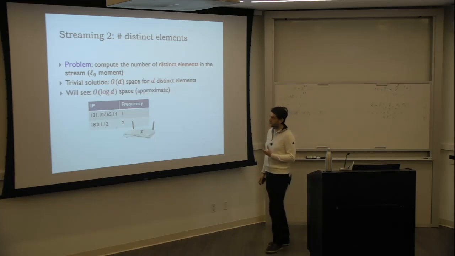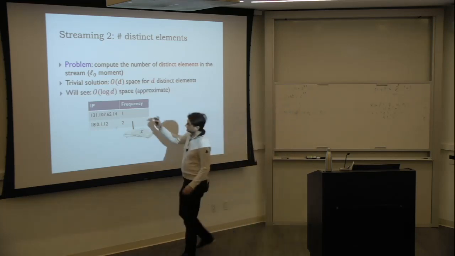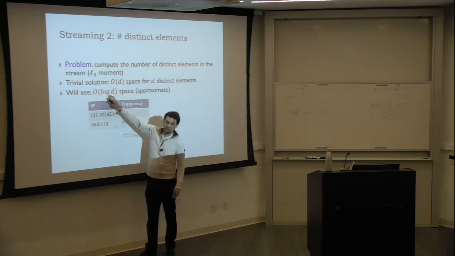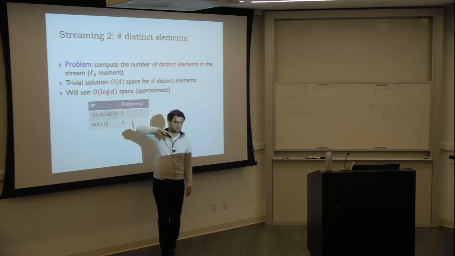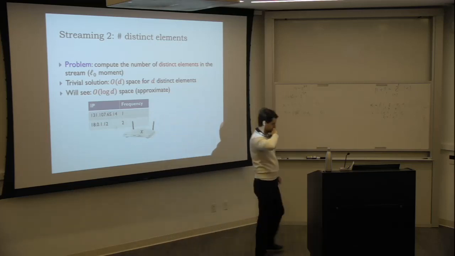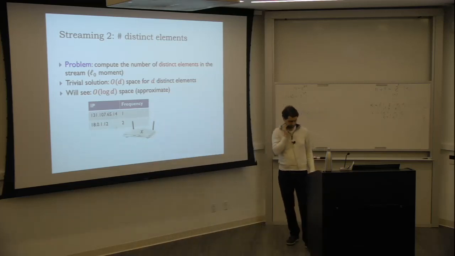But once we allow approximation and some randomization, we'll see that we can improve the space complexity from D to log D. So log of the number of distinct elements.